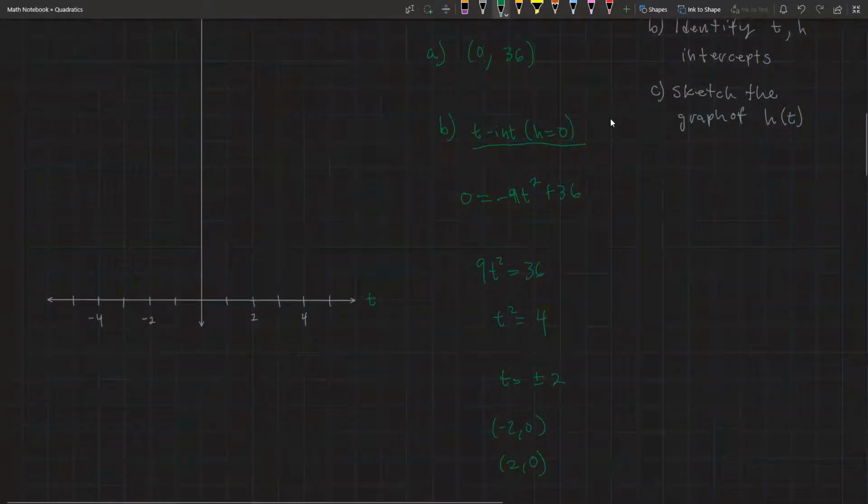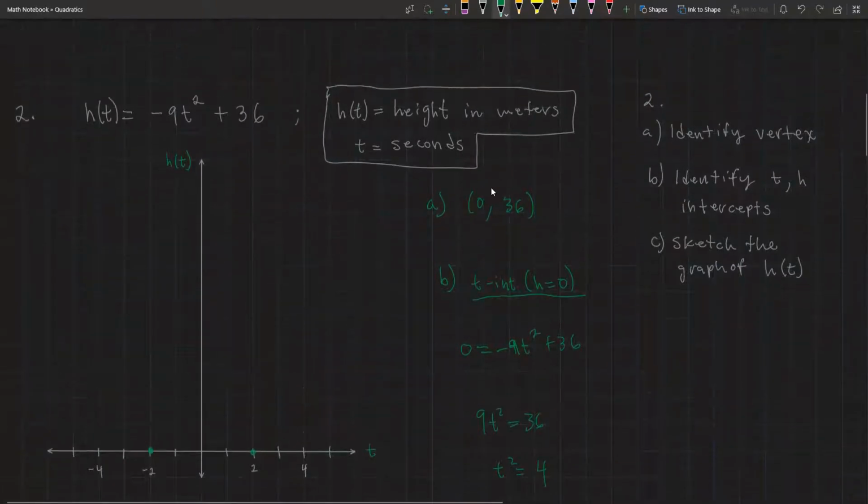All right. So let's start plotting those points. We have negative 2, 0, positive 2, 0. And we knew a vertex of 0, negative 36. And if you notice, if you're paying close attention, not only is that a vertex, what other point does that represent? It's on the h-axis, or what used to be the y-axis.